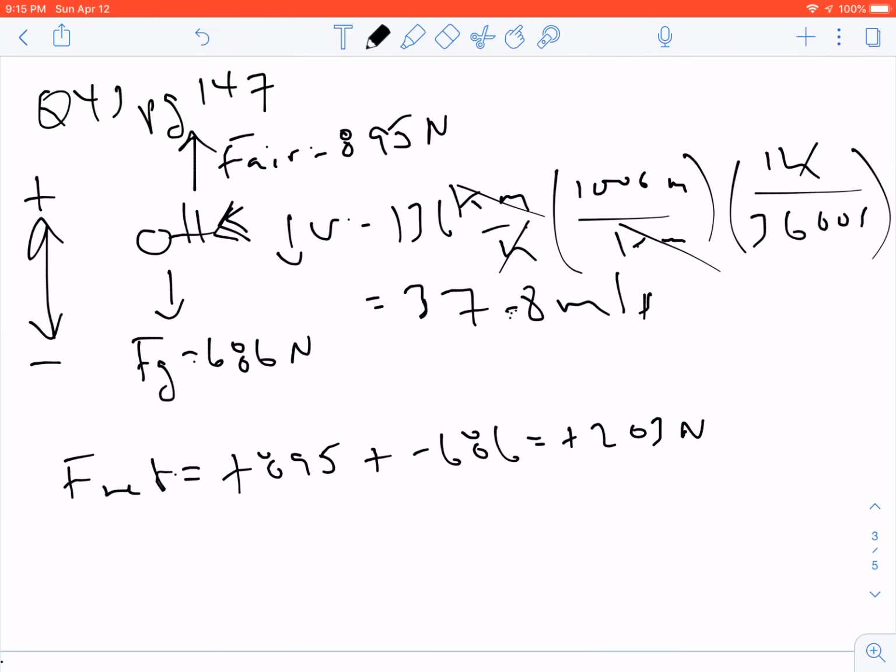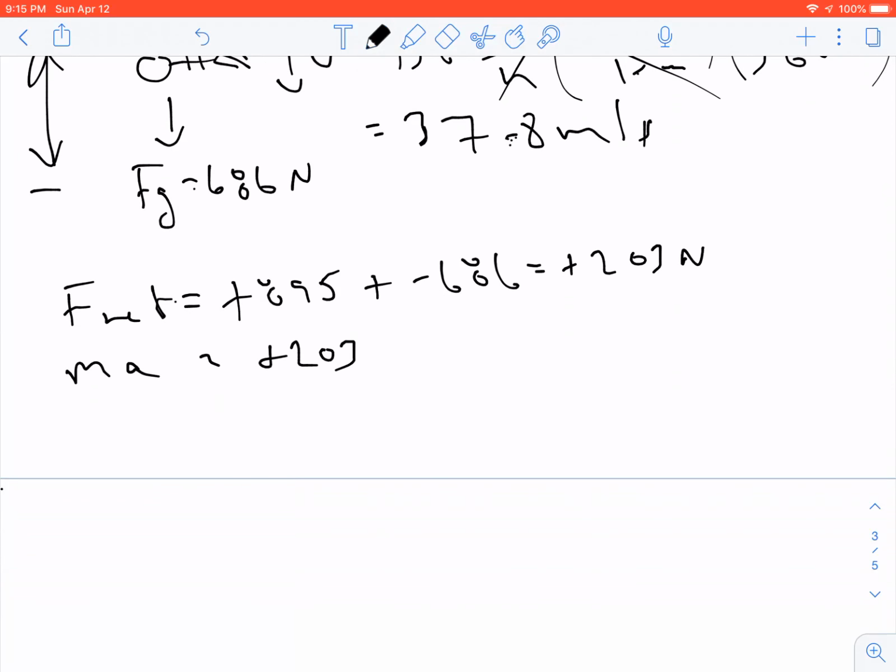I know F net is also equal to MA. And I know that her mass is 70 kilograms. And so the acceleration for this person turns out to be plus 2.9 meters per second squared.